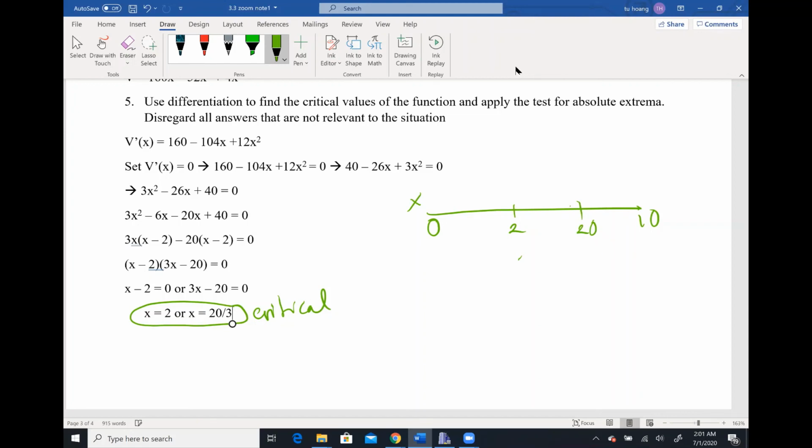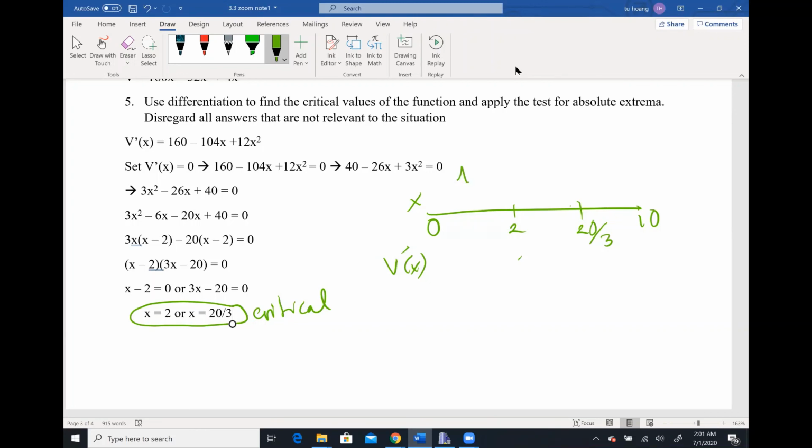Okay, and then I have v prime of x, and you will have the test. Before, in the interval from 0 to 2, you choose 1.